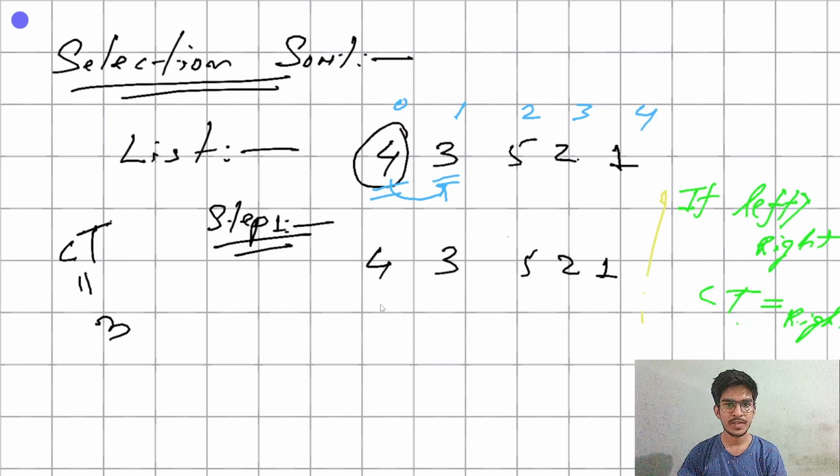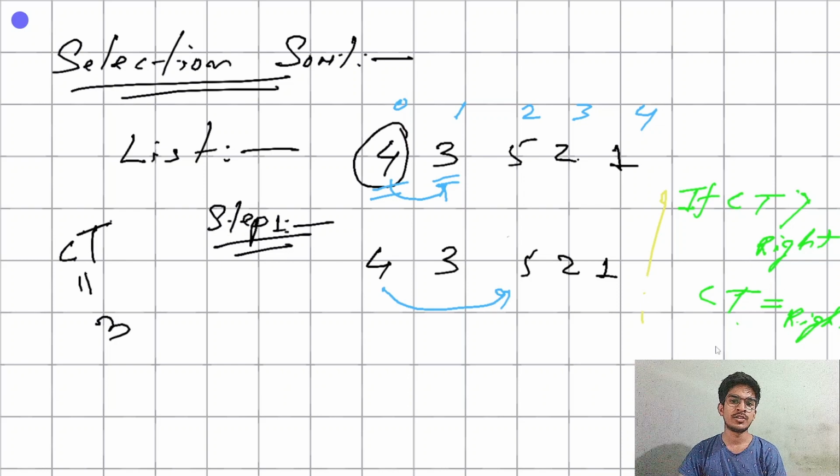Now 4 will be compared with 5. What we actually check now is against 3, because cd is already updated. The condition is: if cd is greater than right, then we update cd to the right.